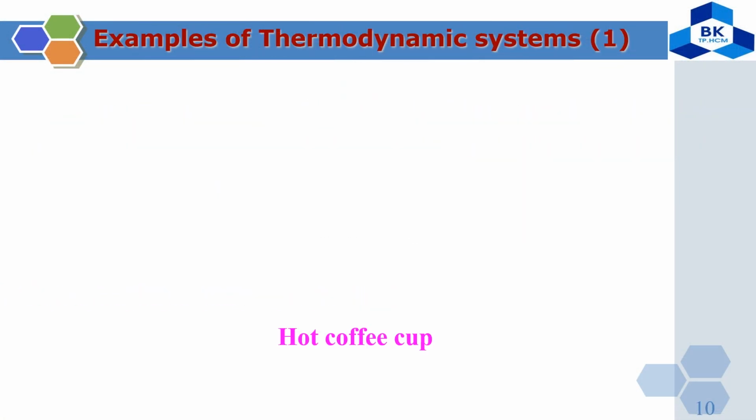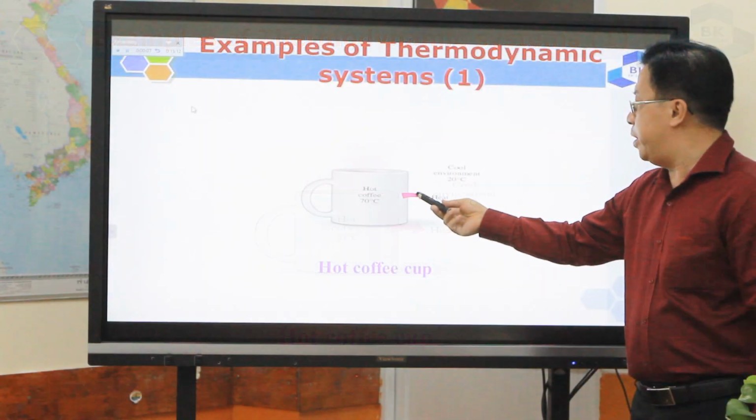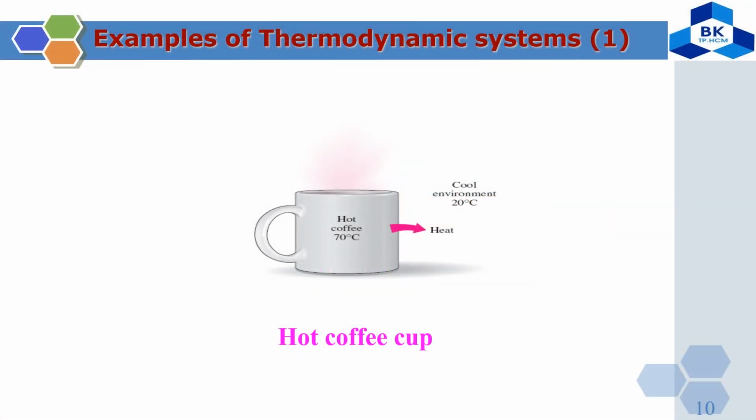Example, the hot coffee cup. The hot coffee in the cup is the substance, all right? And the cup here is the boundary, okay? And the cool environment around the cup, for example at a temperature of 20 degrees, is the surrounding.